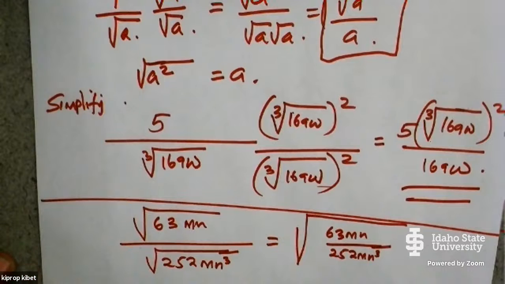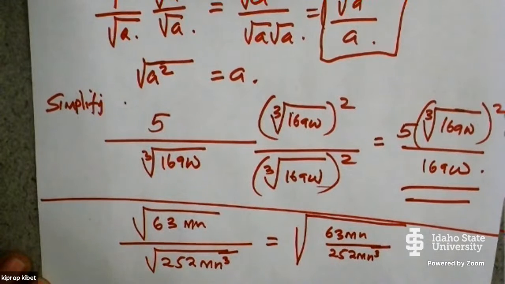Is 63 dividing 252? Yeah, 4, right? So what do you get? The square root of mn all over 4 mn cubed.